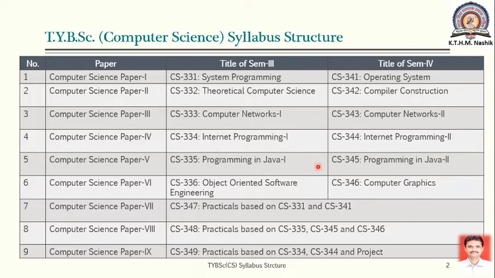Then you will study how to design user interfaces using Swing and AWT, and how to connect databases to your web designs. Then you will study web development using Servlet and JSP. Then the concepts of multi-threading in Java and socket programming in Java will be covered in these papers.